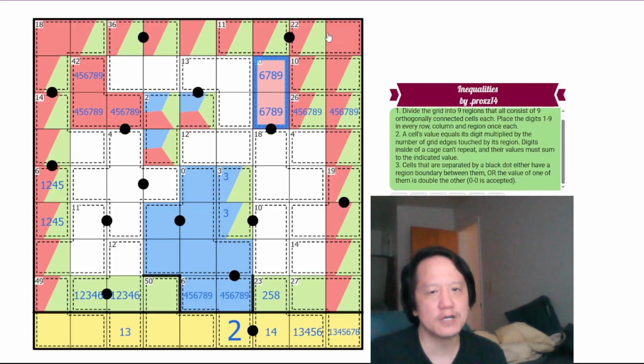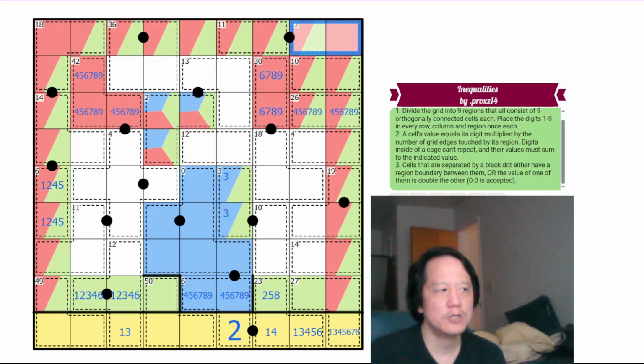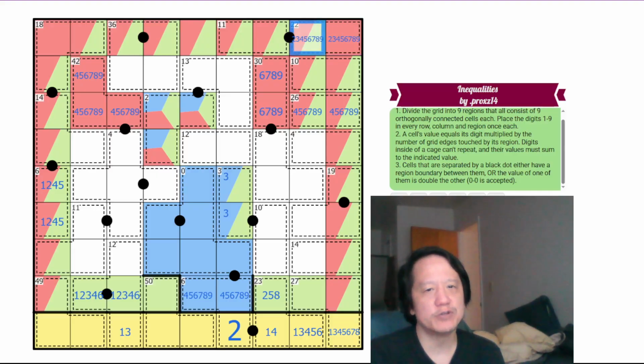22. You cannot have a 1 here, because 1 plus 9 is at most 10, times 2 is only 20. So we have 2 through 9 there.